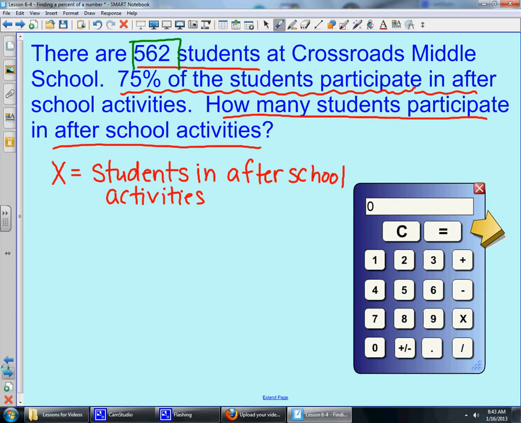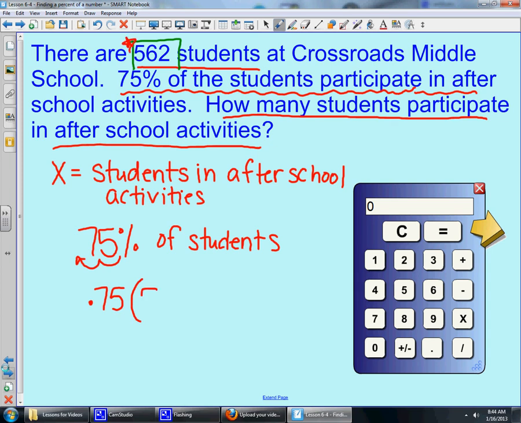So we're going to take this sentence here and make it into a math sentence. So 75% of the students participate in after-school activities. So 75% as a decimal is 0.75. Of means times, and the number of students we're going to get up here, which is 562.